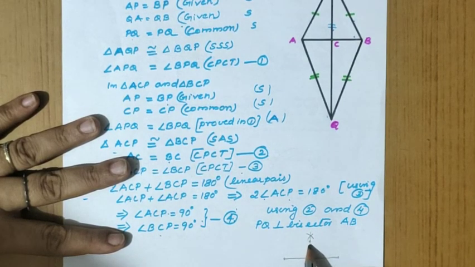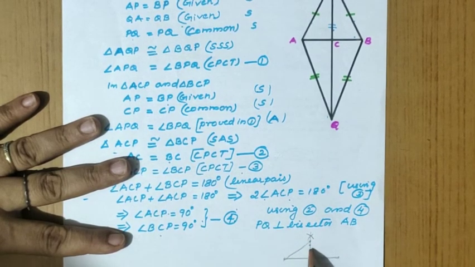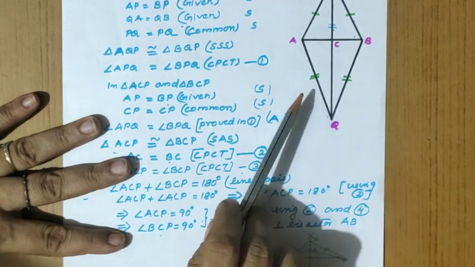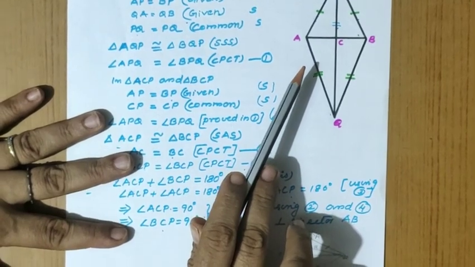Any point you take on this line is equidistant from the end points of the line segment. That means if A is marked here, with P and Q on the line, PA and QA are equal. Similarly, if I mark R here, RP is also equal to RQ. If I mark E here, EP equals EQ. The same concept only we have proved here.